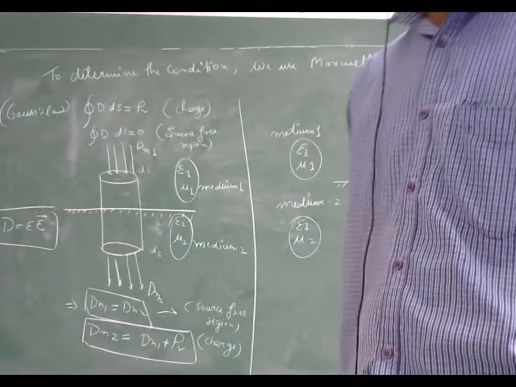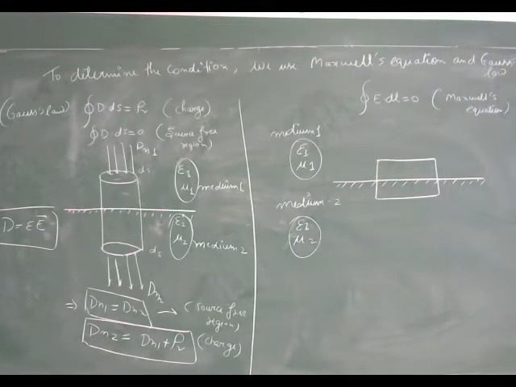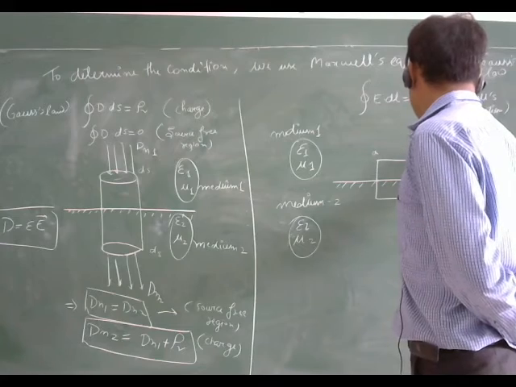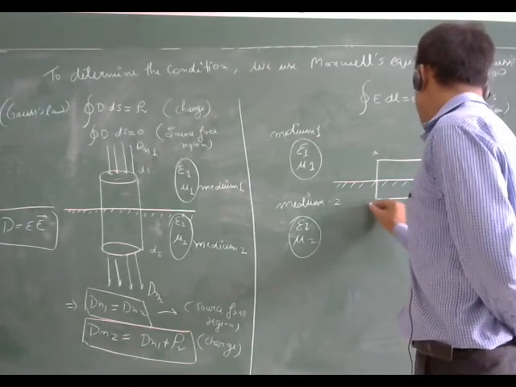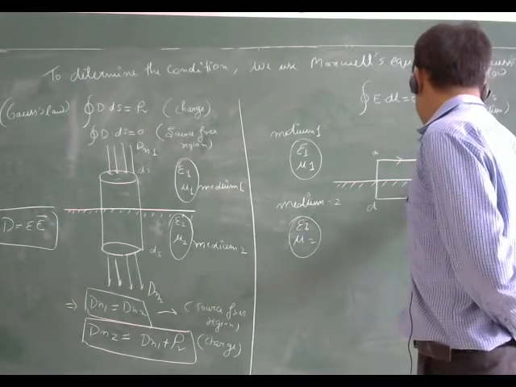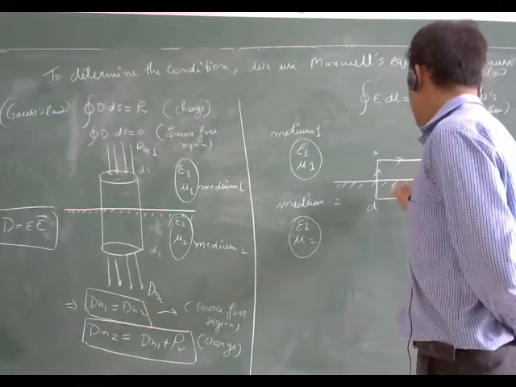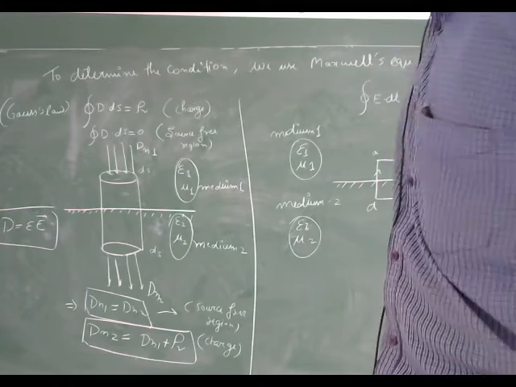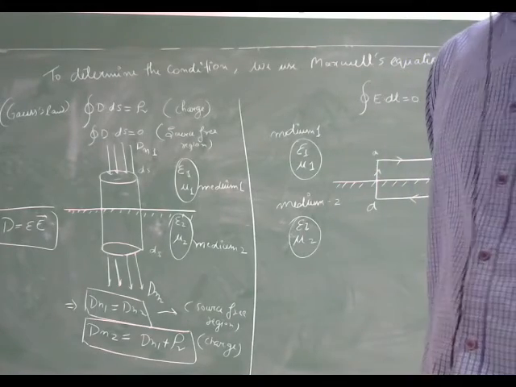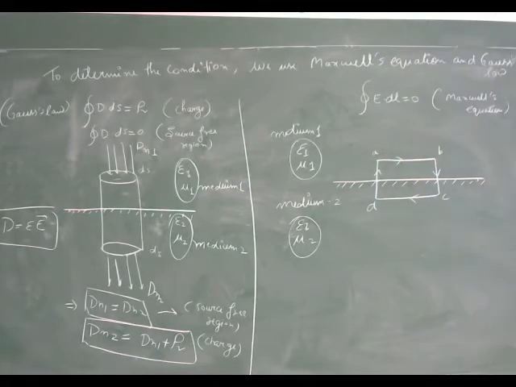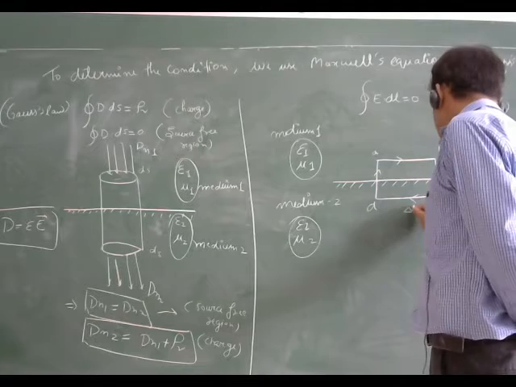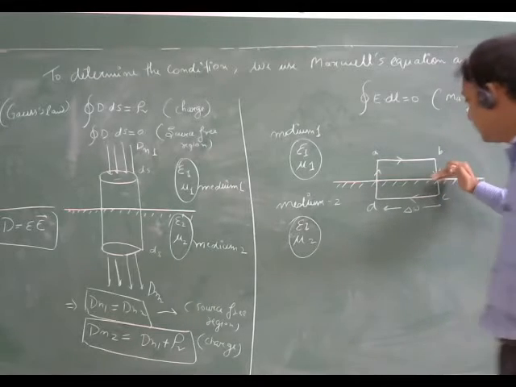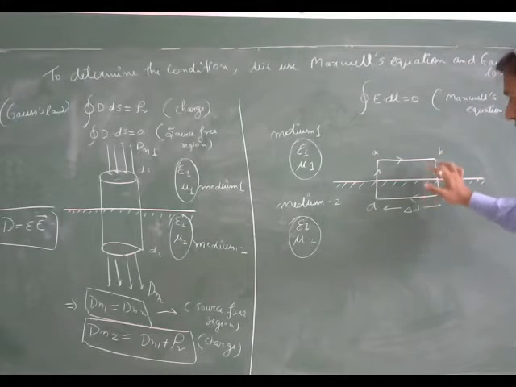Say the electric field in this loop is flowing A, B, C, D, from A to B, B to C, C to D, D to A. Let the width of this loop be del w, and the height is equally placed in first and second region.